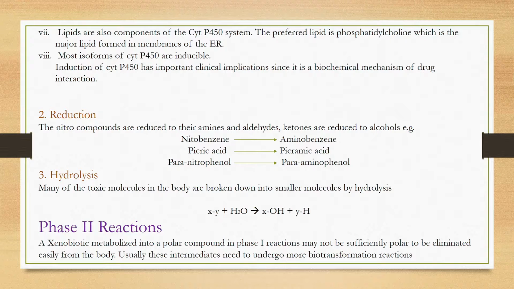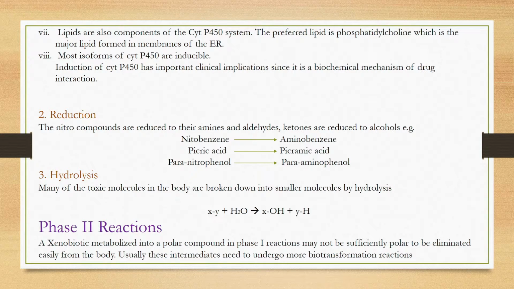Induction of cytochrome P450 has important clinical implications since it is a biochemical mechanism for drug interaction. A drug interaction has occurred when the effects of one drug are altered by prior, concurrent, or later administration of another drug.